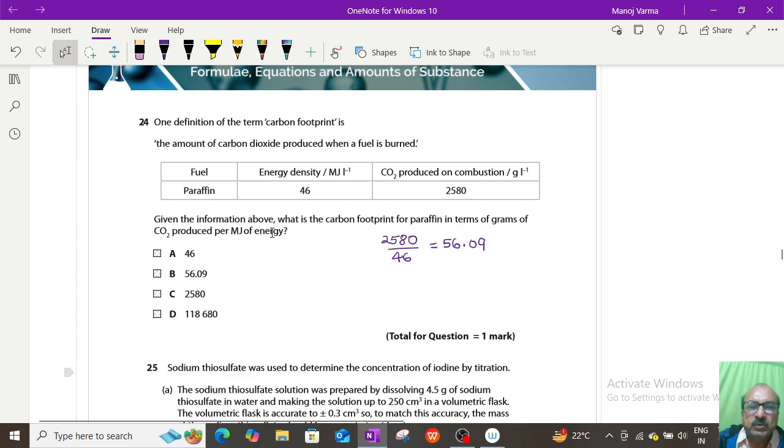If you look at the unit itself, it is grams of carbon dioxide per megajoule. So grams per megajoule means you should divide 2580 by 46, giving us 56.09. That is the answer B. Just by considering the units, you can understand what we have to perform, whether it is division, addition, or multiplication. It is a division, to get grams per megajoules.